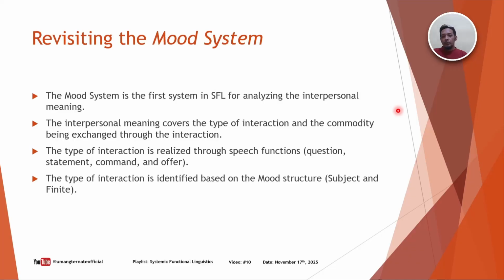And the interpersonal meaning in terms of the mood system covers the type of interaction, or what we call the speech roles, which defines the speaker's role, whether the speaker is giving or demanding the commodity being exchanged through the interaction, which are the information or the goods and services. Okay, so that is what interpersonal meaning is.